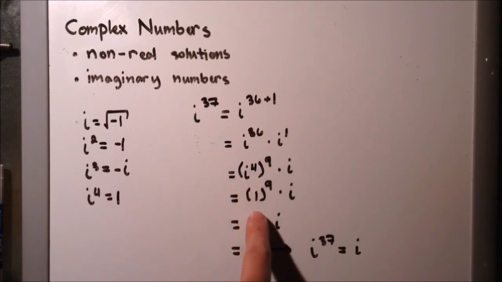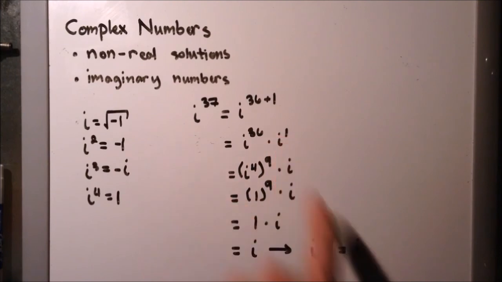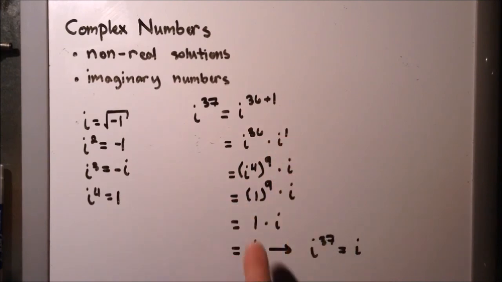And then i to the 4th is simplified to 1. I kept the 9, and then i to the 1 power just stays as i. 1 to the 9th power is just 1. Bring down the i. 1 times i is i. So, i to the 37th was simplified to i.